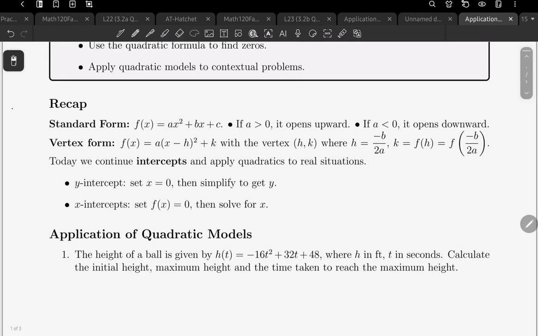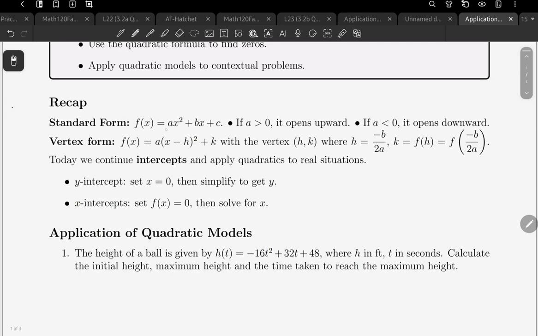So first and foremost, we had a brief recap saying quadratic functions are functions that are degree 2 polynomials, and they can be in either the standard form or the vertex form. The standard form is written as ax squared plus bx plus c, where the leading coefficient is a.